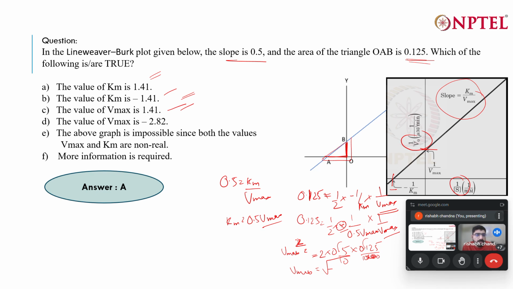And here only the area is given, that means we will consider only the values. So Vmax here will be, this is 10, so this will go off, so this would come to be 1.25. Okay, so the Vmax value would be the square root of 125, which is basically 15, I guess.